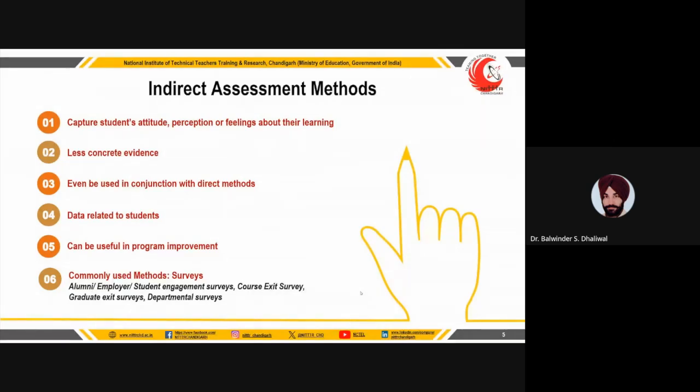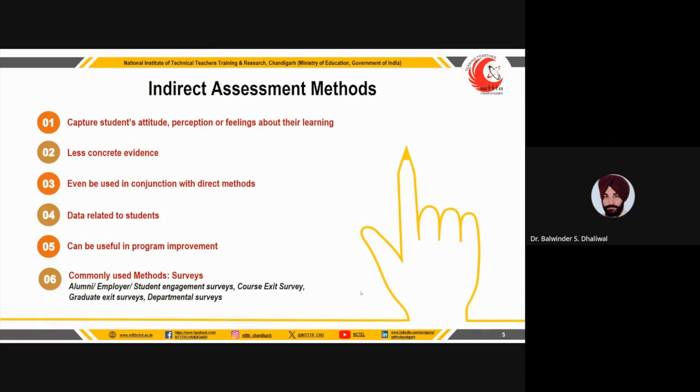They do not provide the concrete evidence provided by the direct assessment tools, because in these surveys students answer the questions depending upon their perception or feelings about the particular points we ask in the surveys.